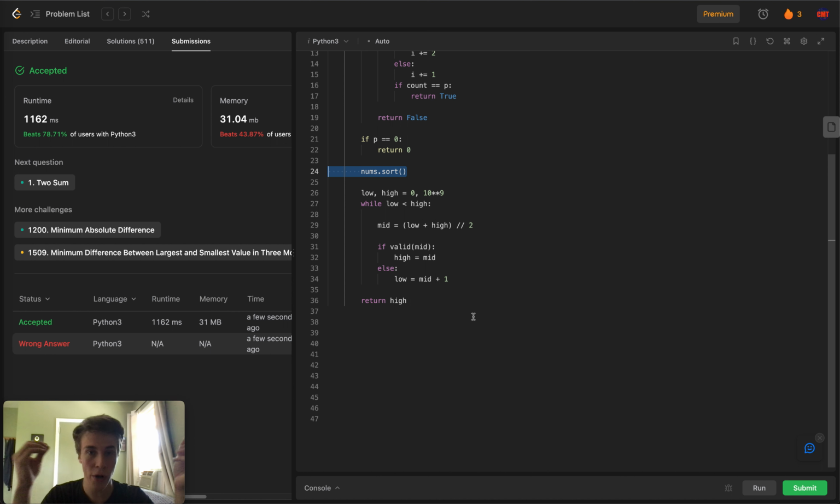So since we're trying to find the possible min max difference of some number of pairs, the question that I'm asking is, are there P pairs with a min max diff of 5,000?